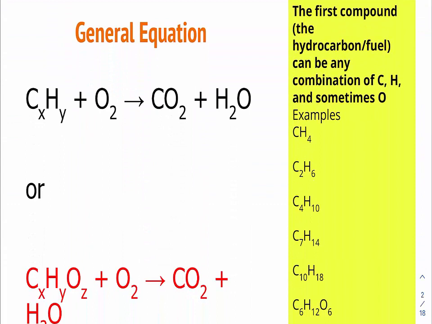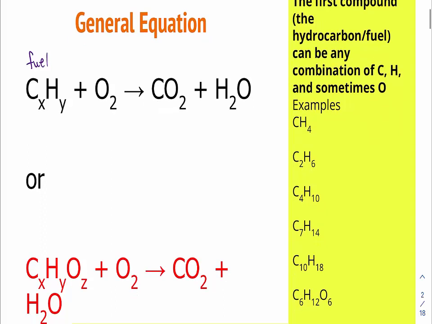So what is combustion? We talked about how combustion is basically like burning. So it is specifically burning of a fuel type compound. And so that fuel is, for us, oftentimes going to be a CH compound. So we call those hydrocarbons.